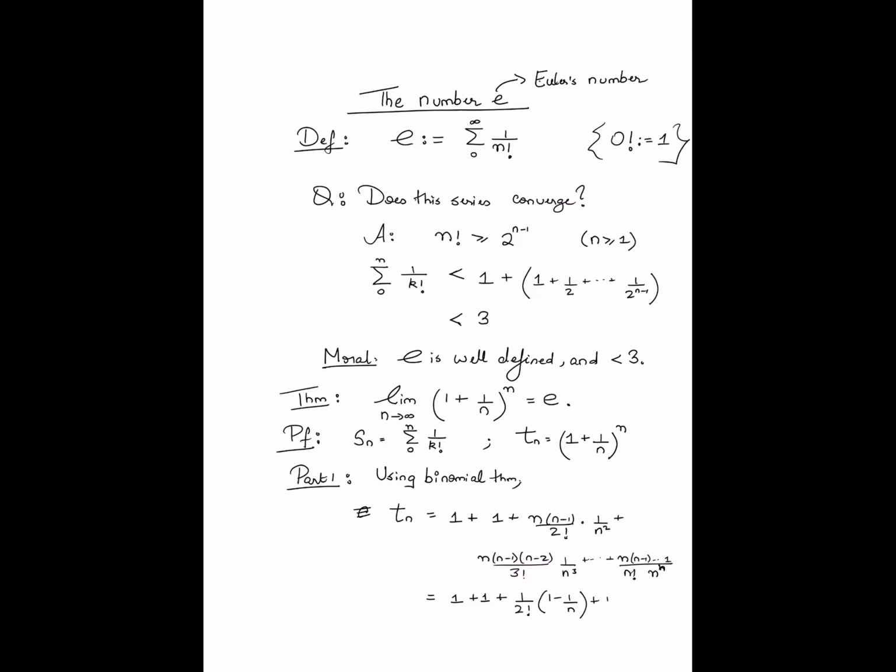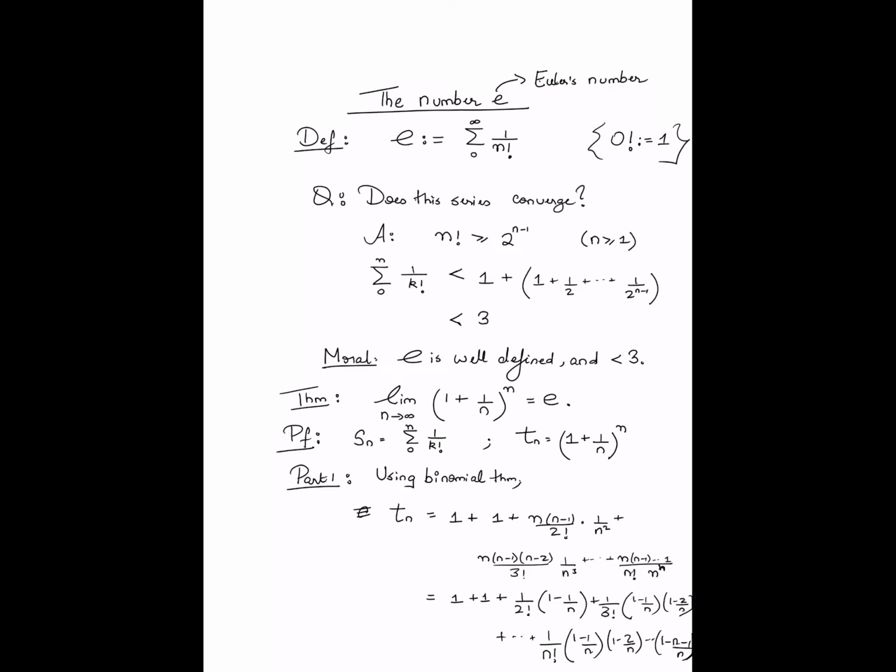Similarly, plus 1 by 3 factorial into 1 minus 1 by n, 1 minus 2 by n, all the way up to the last term, which is going to be 1 by n factorial times 1 minus 1 by n times 1 minus 2 by n, all the way up to 1 minus n minus 1 by n. Okay, so convince yourself that this is in fact just a restatement of the binomial expansion of T_n.